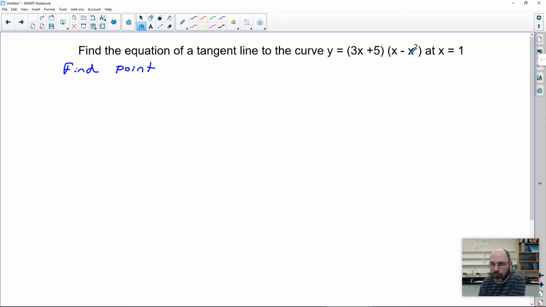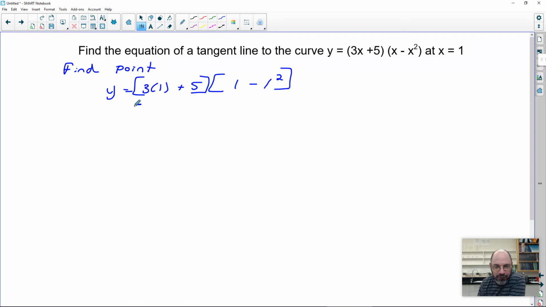Okay, so let's put the 1 in here for x. Y equals 3 times 1 plus 5, all multiplied by 1 minus, oh, I'm going to get 0, aren't I? That even makes it better. 1 minus 1 squared.